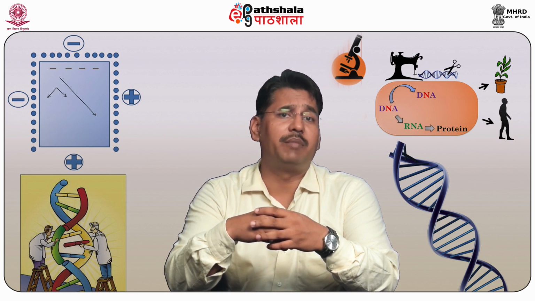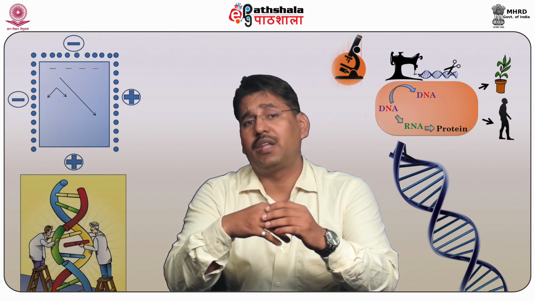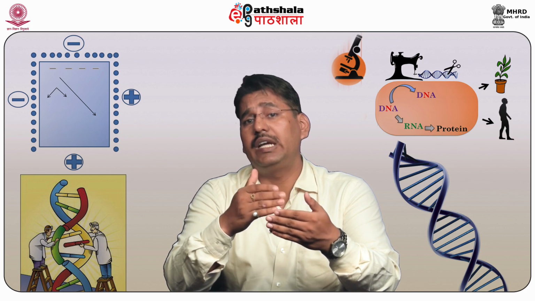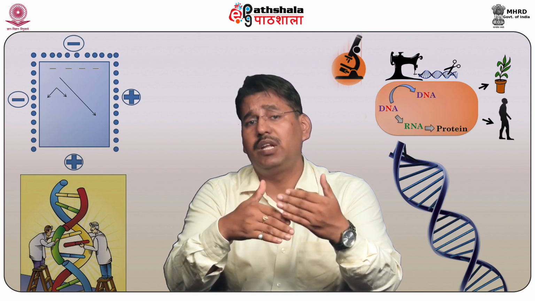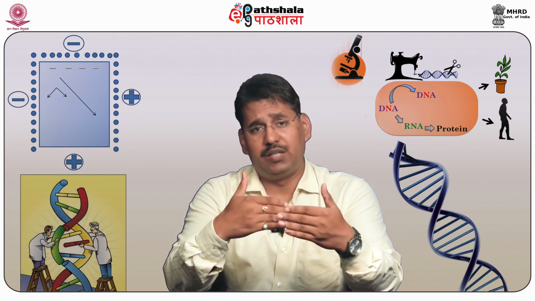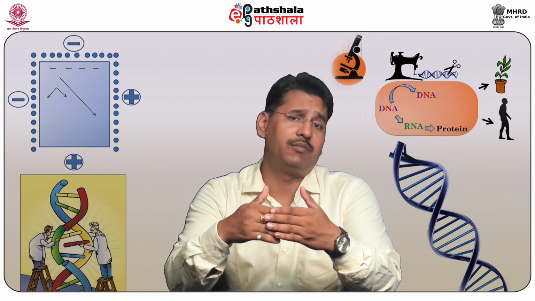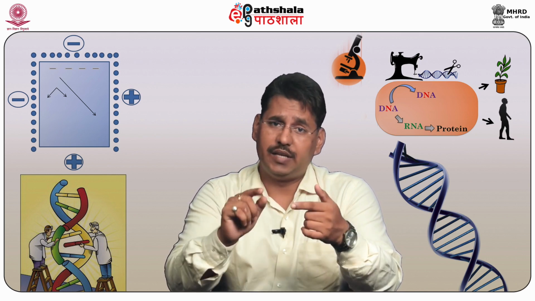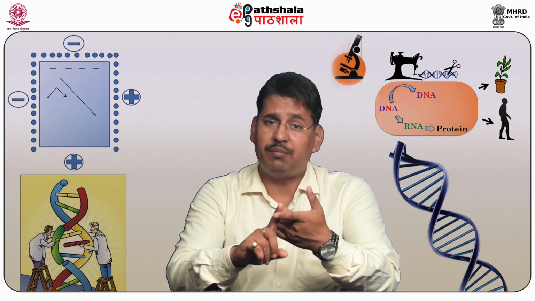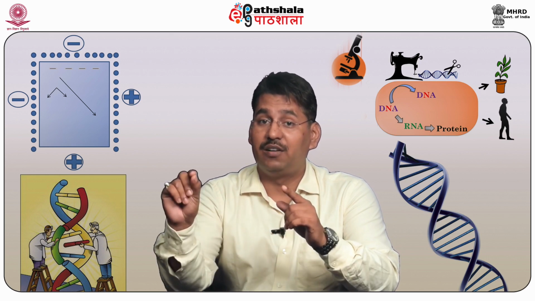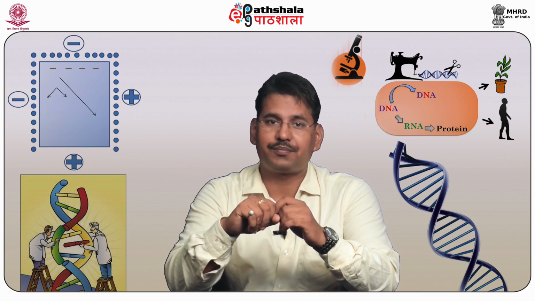Replication in M13 bacteriophage. In M13 bacteriophage, DNA is replicated by a rolling circle mechanism. In this mechanism, one strand is nicked and the free 3' OH is extended by DNA polymerase.